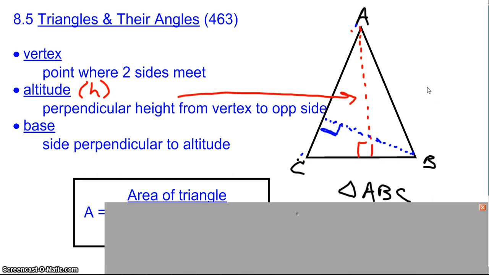So what I like to do is take a paper and make 2 clone triangles. So to do that, I'm folding the paper in half, since there's no video coverage here.